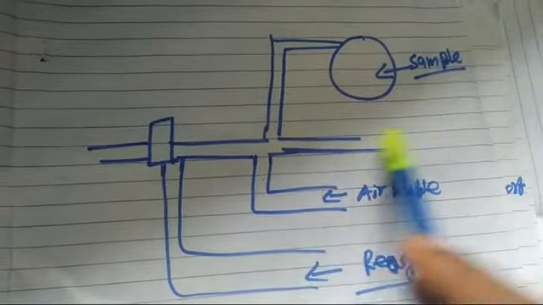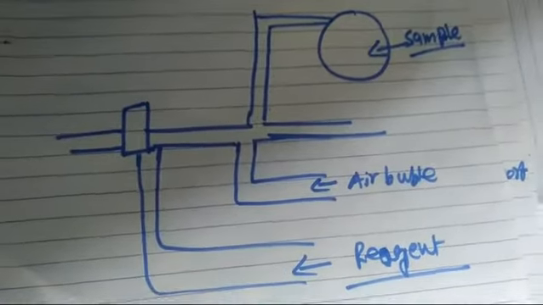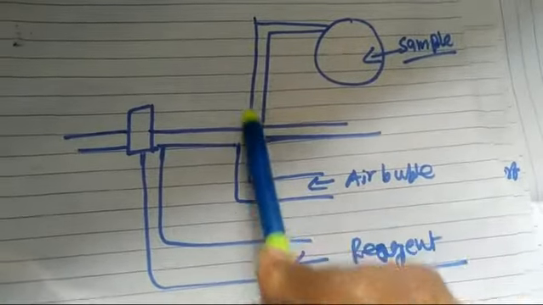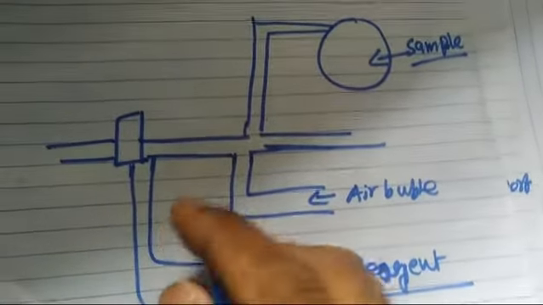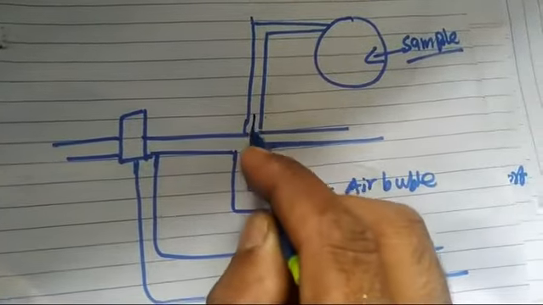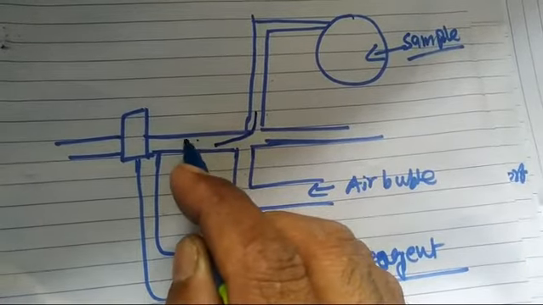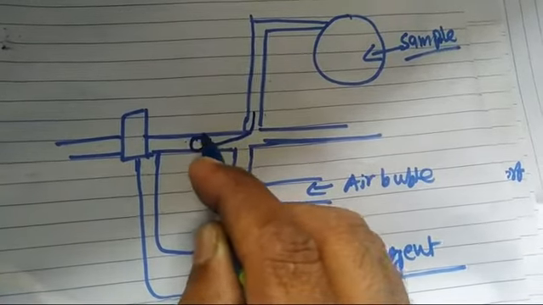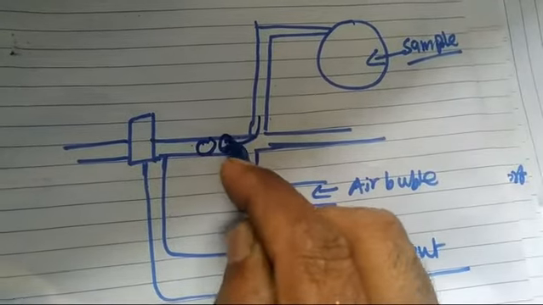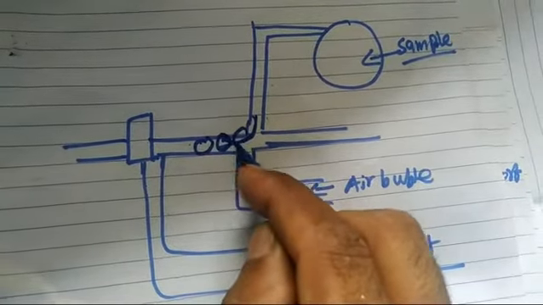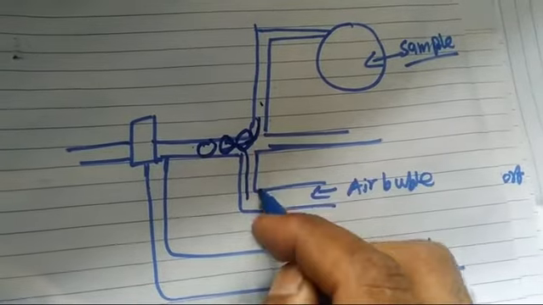So when the first sample comes here, first an air bubble comes, then the first sample. Then another air bubble comes, then the second sample, then a third air bubble.